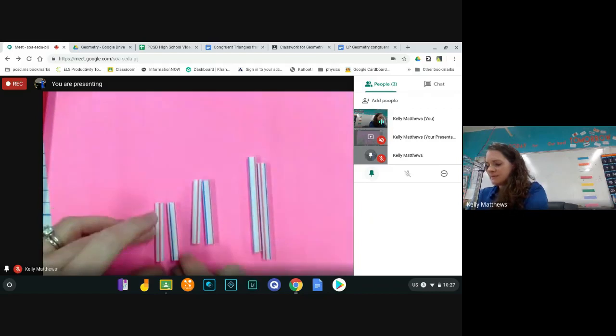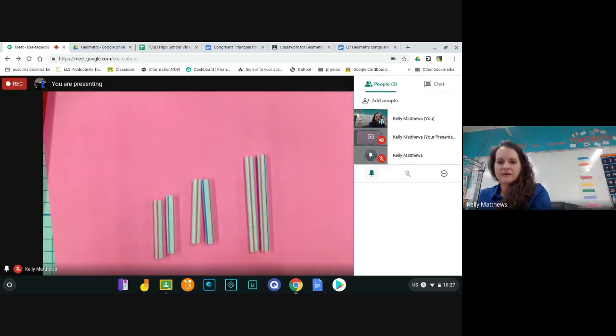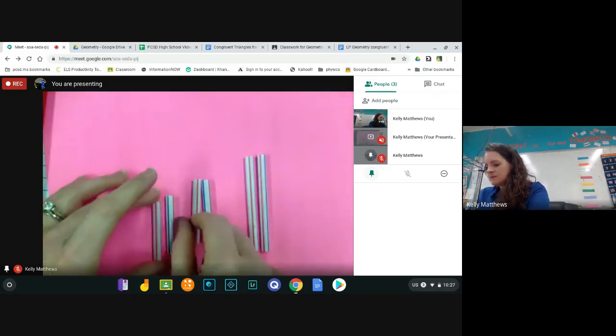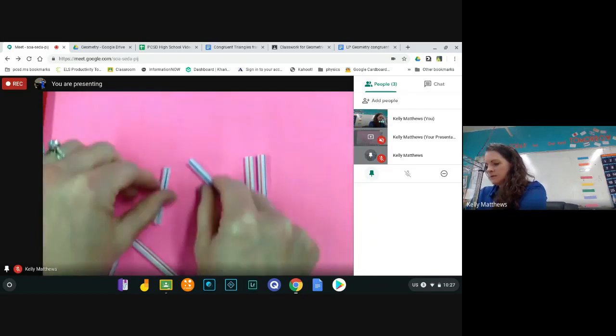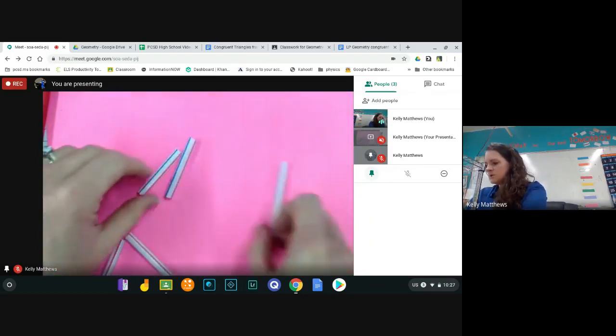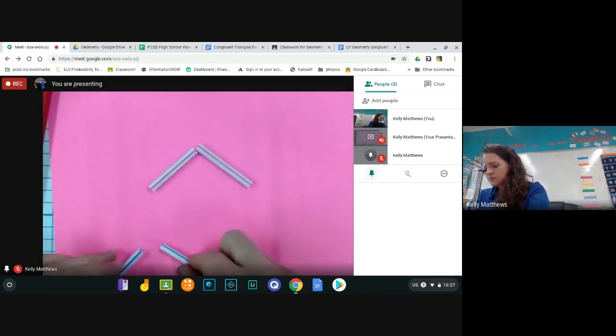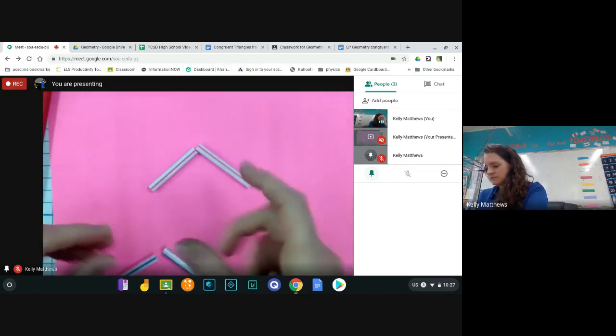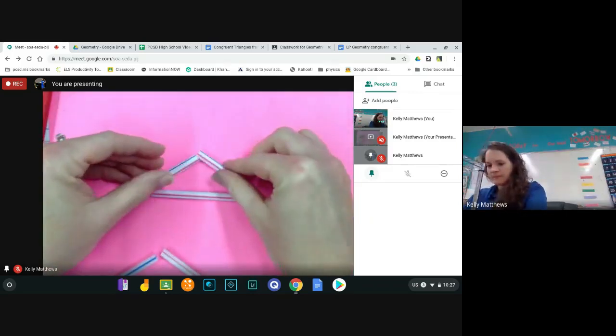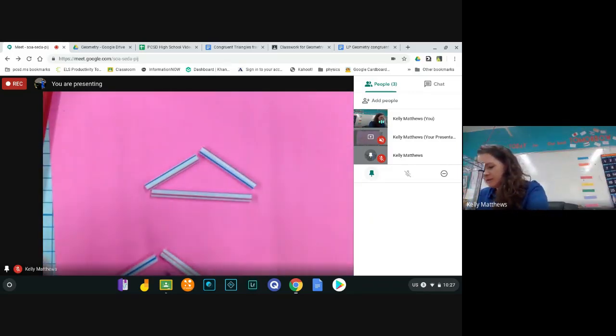So we've got 3 segments that are different lengths. So we're going to take these and try to make triangles out of them. And so what this is just a set of sides that match.